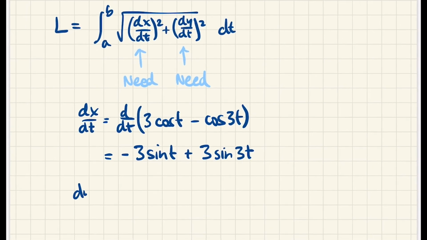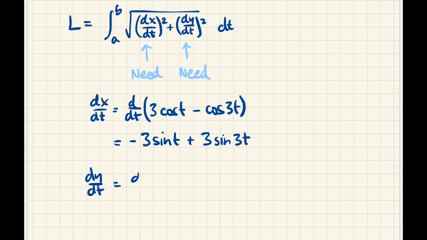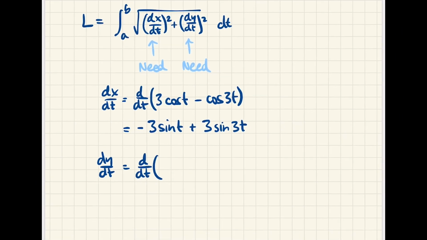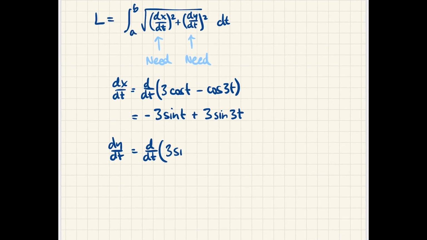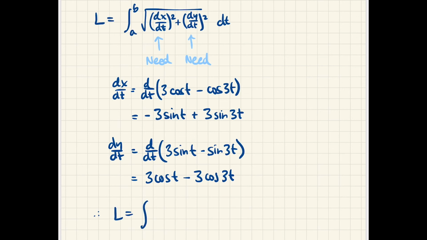And dy dt is the derivative of what y was. Okay, so what do we have here? We are integrating from 0 to pi, because those are the bounds on t. So what goes in here?